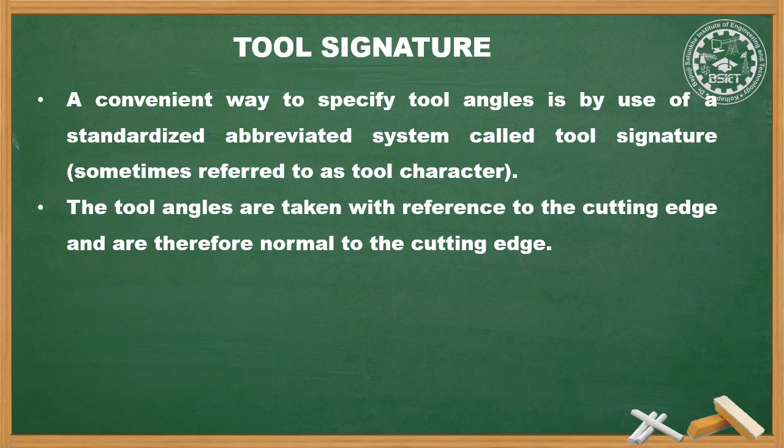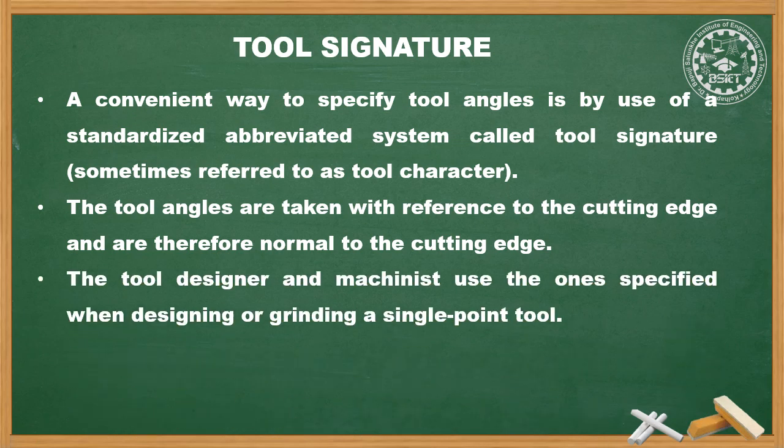The tool angles are taken with reference to the cutting edges and are therefore normal to the cutting edge. They are of particular importance to tool designer and machinist because these are the values that are used while designing or grinding of a single point cutting tool.